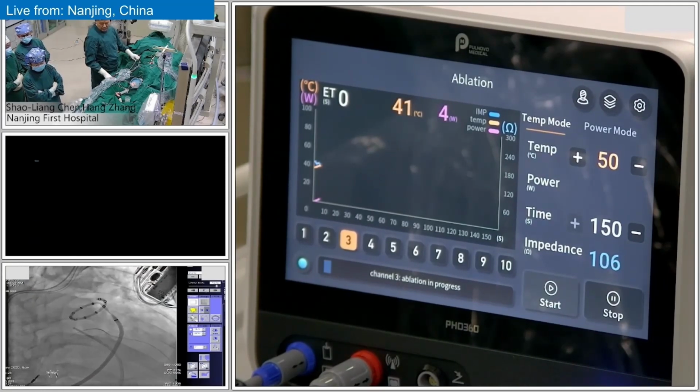Right now is the second round of ablation using the number 3 electrode.